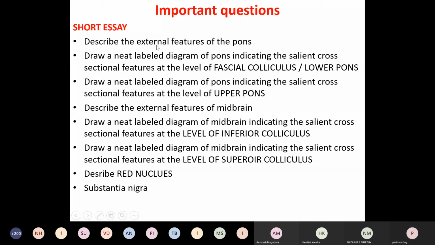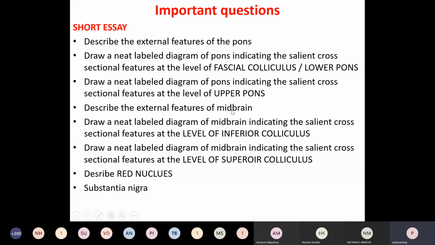The external features of the pons are important. Drawing of the sections at the level of the facial colliculus, that is the lower pons, and the upper pons, both the sections are important. Then drawing and labeling the sections of the midbrain, two sections, at the level of the inferior colliculus and superior colliculus.